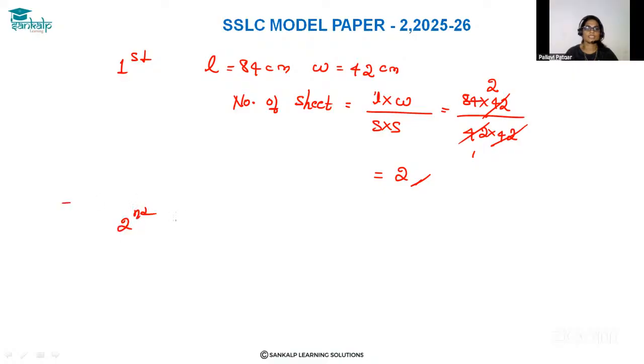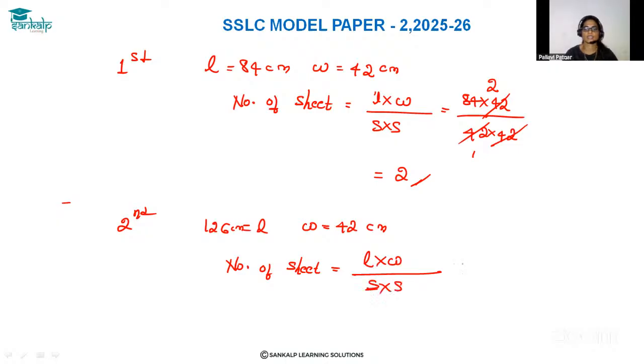So the second table has dimensions: length 126 centimeter and width 42 centimeter. So the number of sheets required is length into width divided by the square sheet, S into S. This is equal to 126 into 42 divided by 42 into 42.